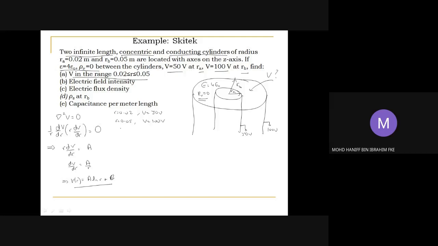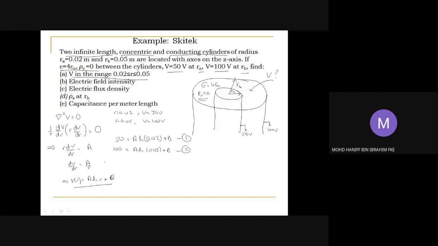So we substitute these boundary conditions in the equation. We have 50 equals A ln of 0.02 plus B, which we label as equation number 1. And then 100 equals A ln of 0.05 plus B, labeled as equation number 2.